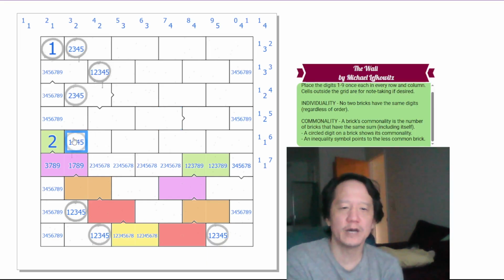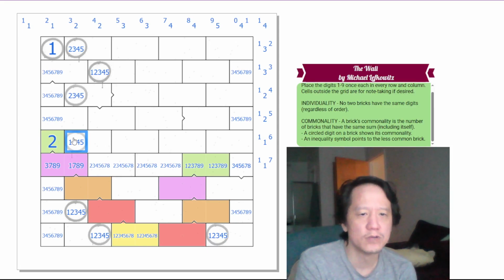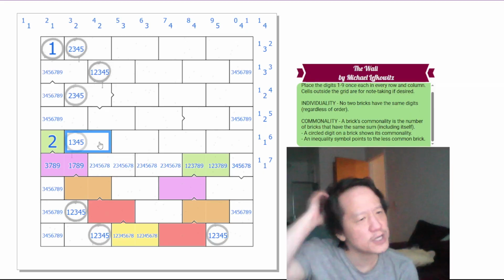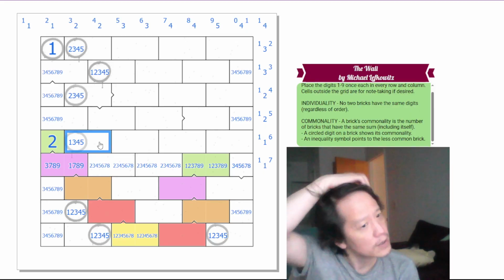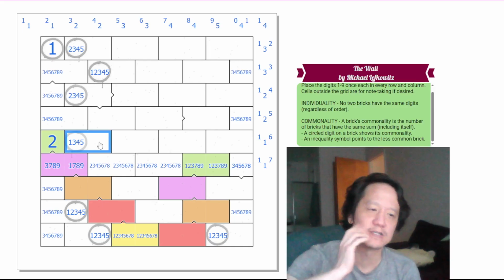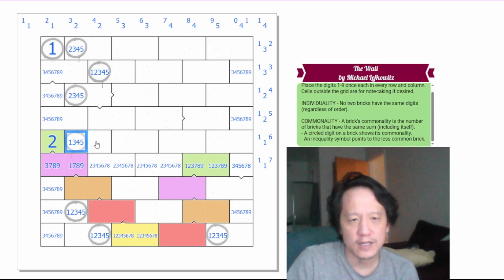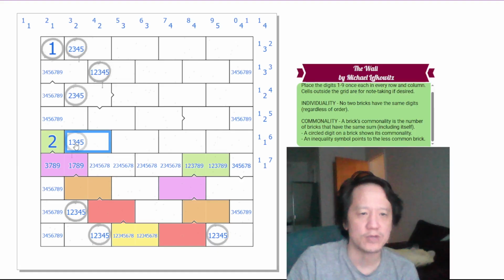Can this ever be commonality 1? I think the answer to that is no, right? No 2-digit numbers can ever be commonality 1, because you have either a single digit... Okay, well, aside from 8, 9, and 7, 9. But obviously, then, that doesn't add up to that commonality, right? You don't have the 1 in that digit.